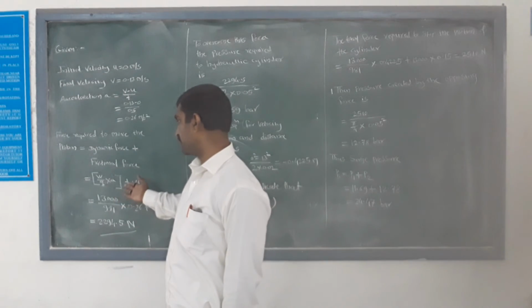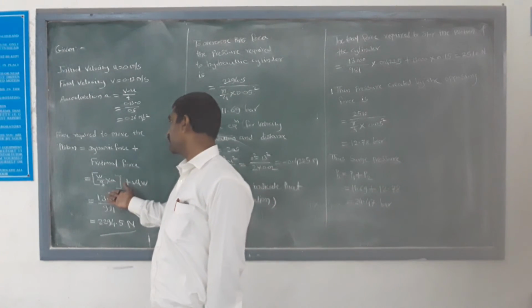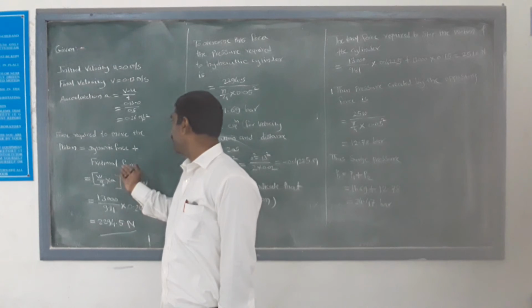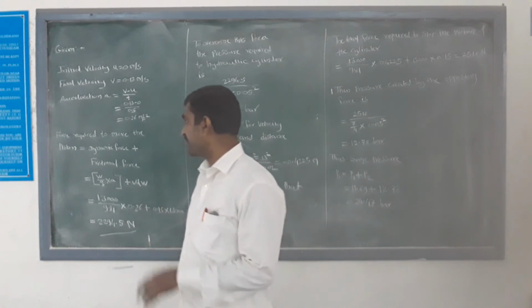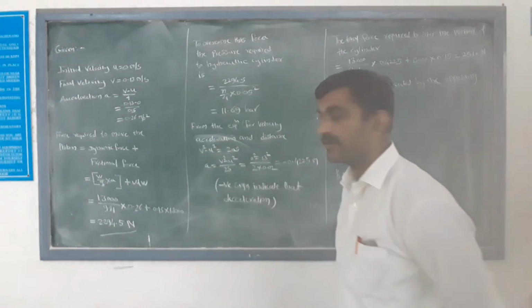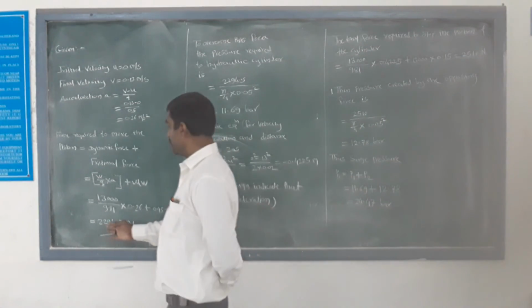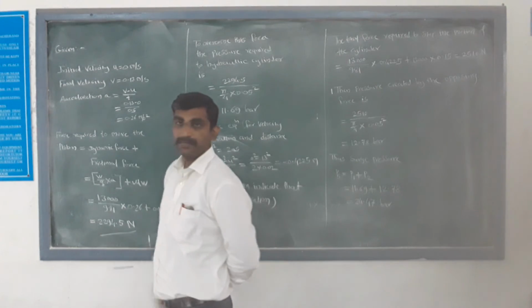Dynamic force equals weight upon gravity into acceleration, plus mu into W. So we found the force required to move the piston: 2294.5 Newton.